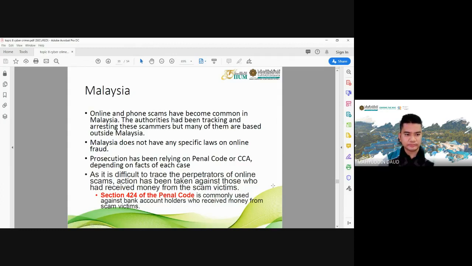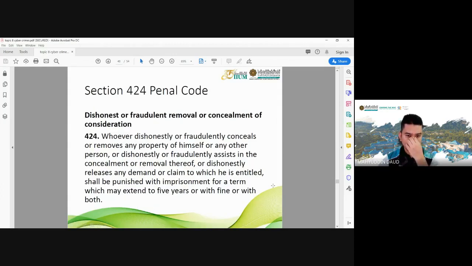What is Section 424? This is about dishonest or fraudulent removal or concealment of consideration. Consideration here is in the context of commercial consideration, macam money, for example.